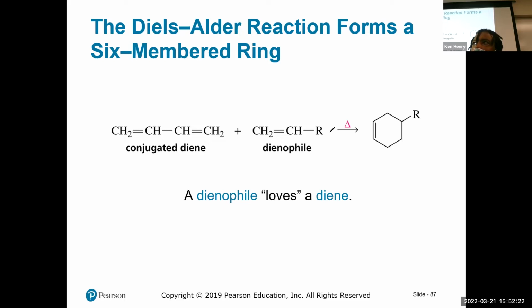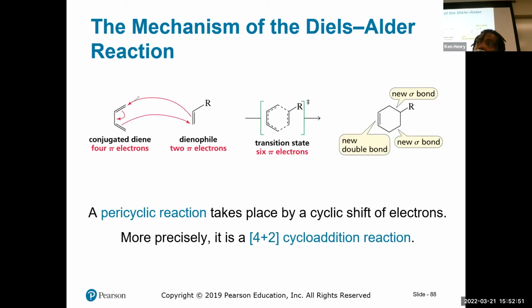So as a result of that, we're going to end up with the formation of a ring structure. So we get 1, 2, 3, 4, 5, 6 carbons. We're going to preserve one of the double bonds, and then we're going to add on that additional hydrocarbon outside of that ring structure. Okay, so the way that this is going to work, okay, so here's our conjugated diene.